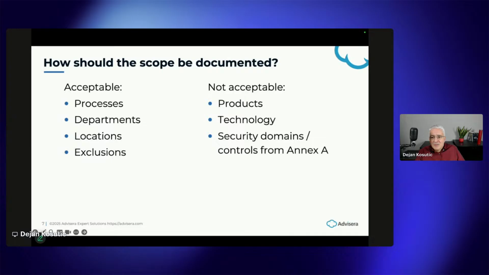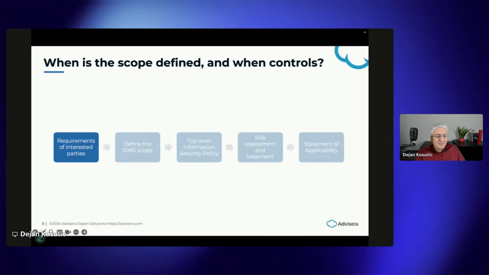Okay, good. Now let me move on to this dilemma of when you actually define the ISMS scope and when you define which controls are included and excluded. So basically you start first with the definition of requirements from interested parties.